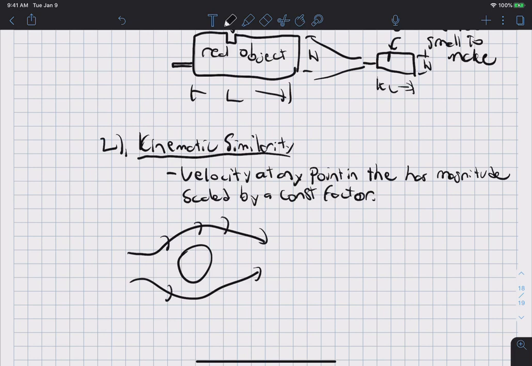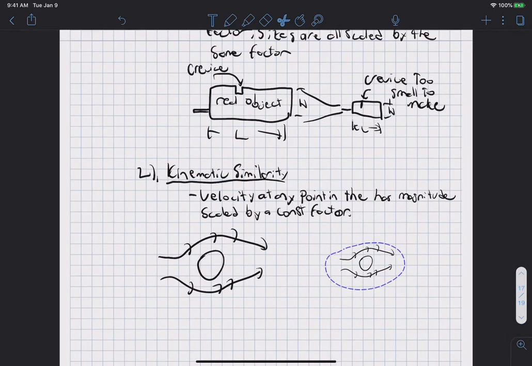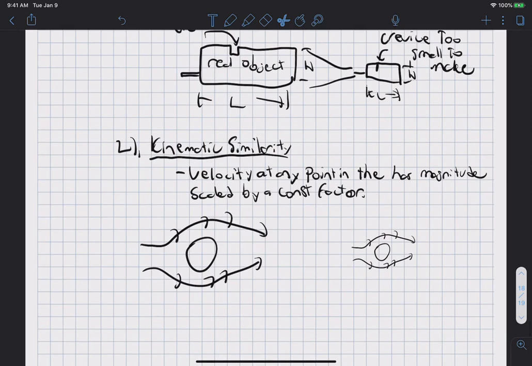I choose a flow regime and the flow condition in the experiments such that in the experiment I have streamlines that are actually identical in shape. It's just that the velocity in their shape is just scaled down in size. Okay? But they have the same direction and everything else. So the streamlines are geometrically similar.